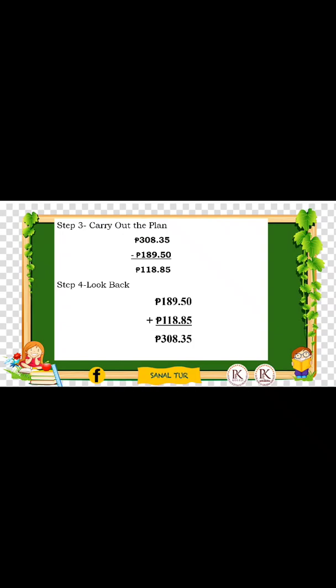So you add now the difference, 118 pesos and 85 centavos, added to the subtrahend, that is 189 and 50 centavos. So our sum now is equal to 308 and 35 centavos. So meaning to say, our answer is correct.